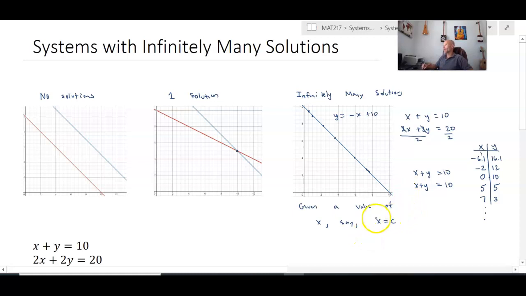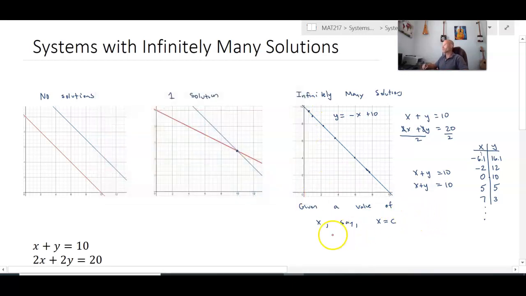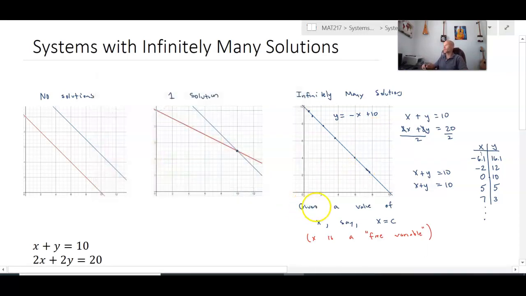This is called a free variable. We'll write that down. X is a free variable. And what we mean by free variable, it means that you can pick any value, you can assign any value you want to it. It's free to be whatever we would like it to be.